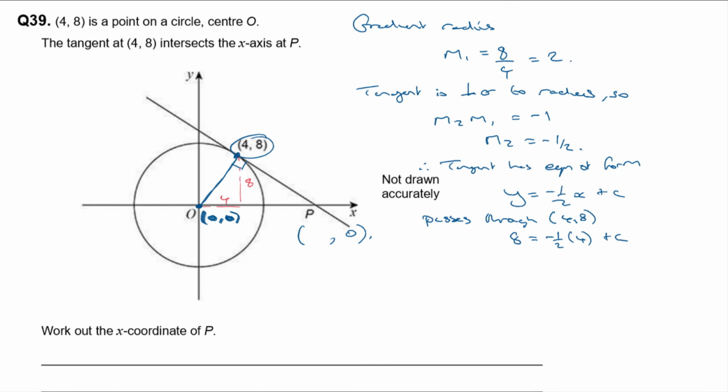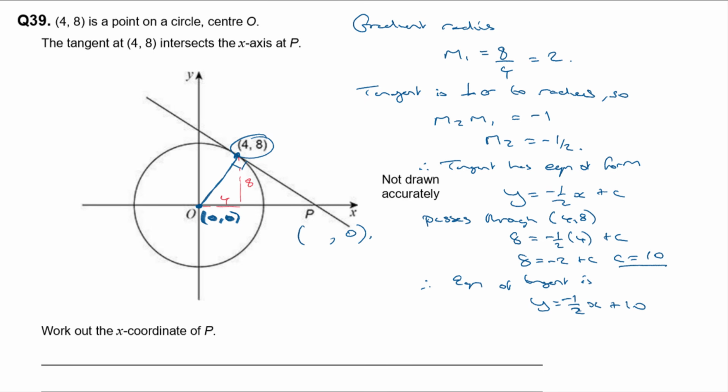So minus a half lots of 4 is minus 2. So 8 equals minus 2 plus c, and that makes c equal to 10 then, doesn't it? Okay, and therefore the equation of the tangent is y is equal to minus a half x plus 10.